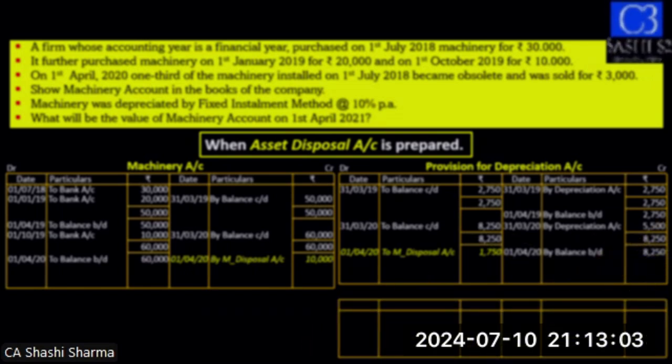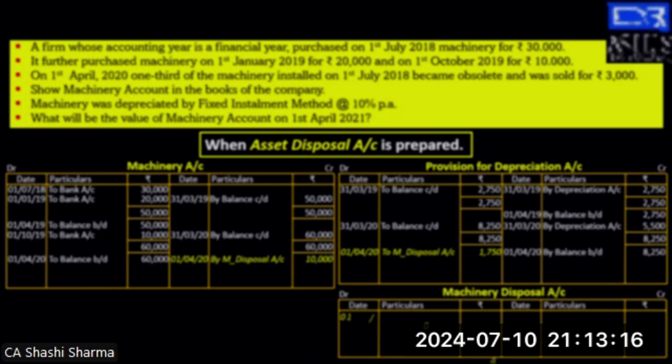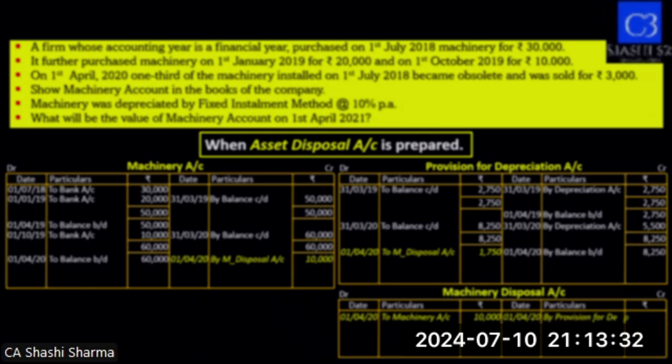This is the special account, machinery disposal account. This account will be debited by the cost of that machinery, rupees 10,000, and credited by the accumulated depreciation.